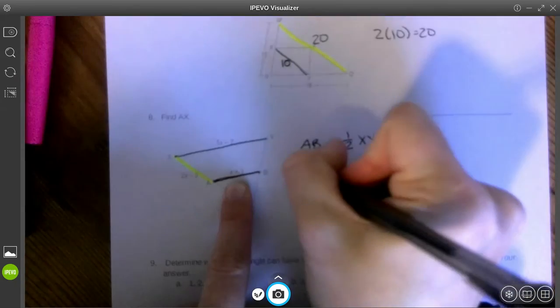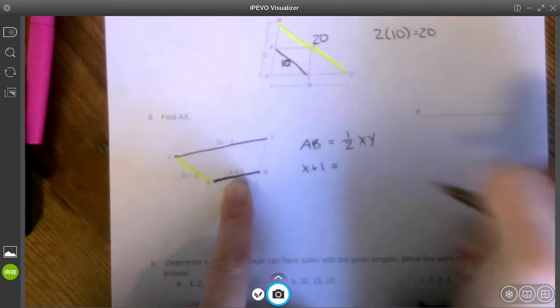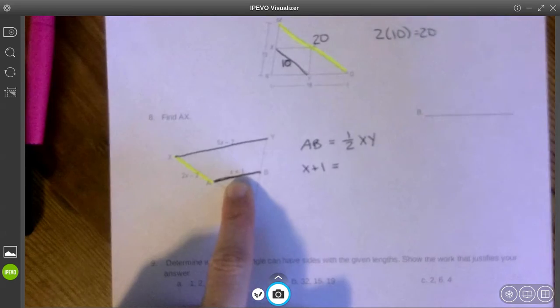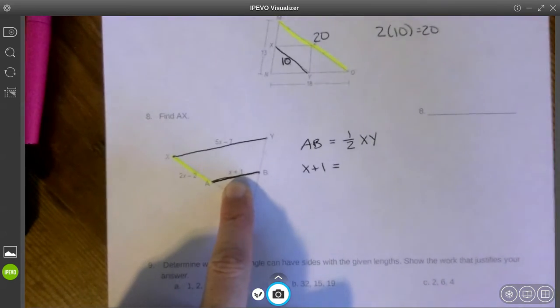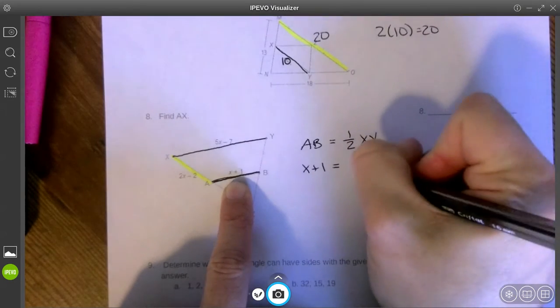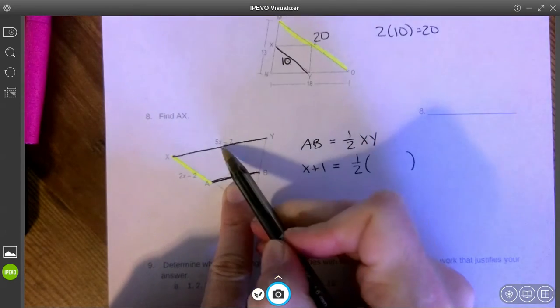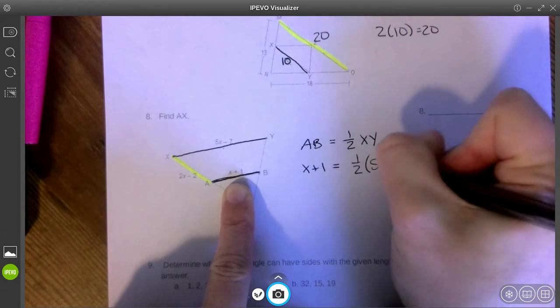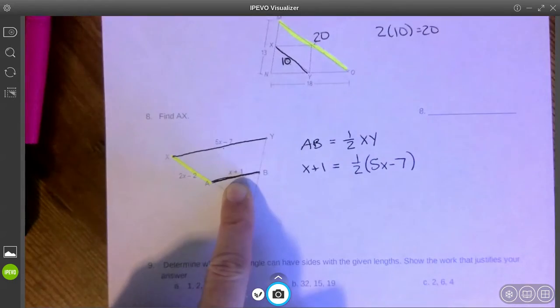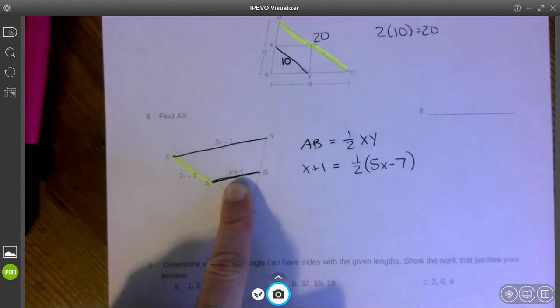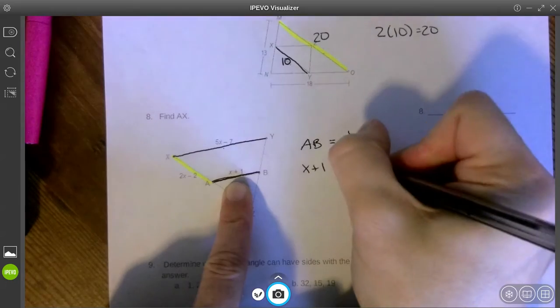AB has a length of x plus 1. XY has a length of 5x minus 7. So I'm going to go ahead and solve this.